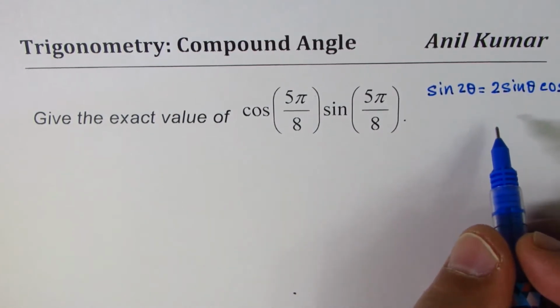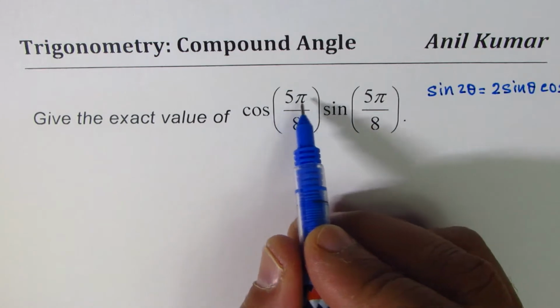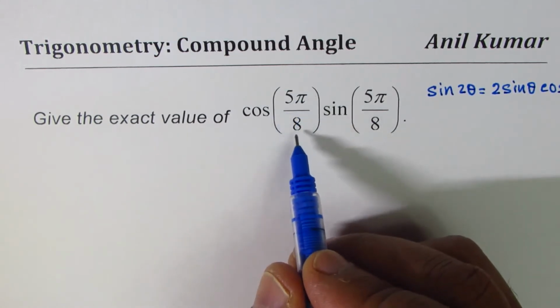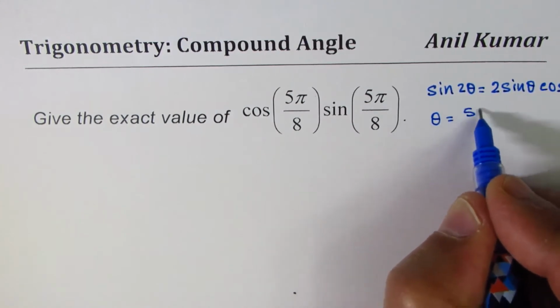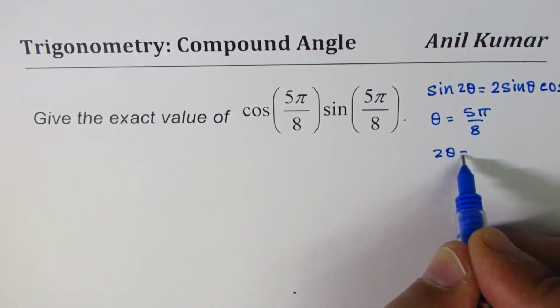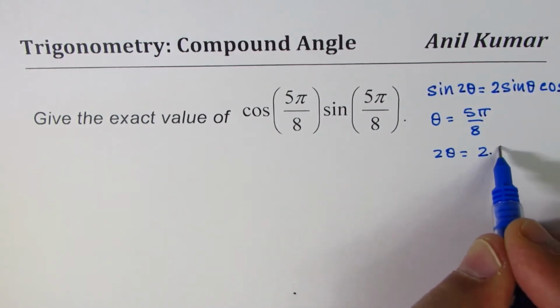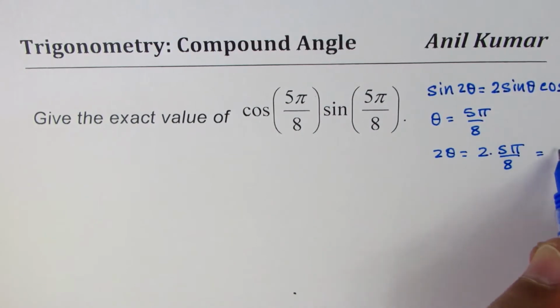Now let us say theta equals 5 pi by 8. Then 2 theta will be 2 times 5 pi by 8, which is 5 pi by 4.